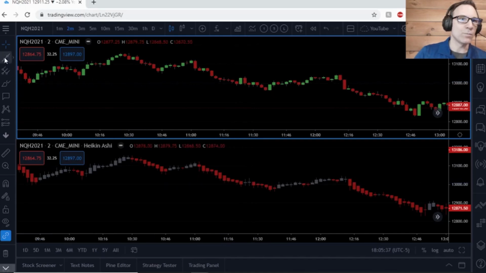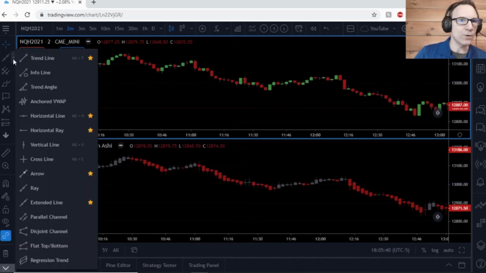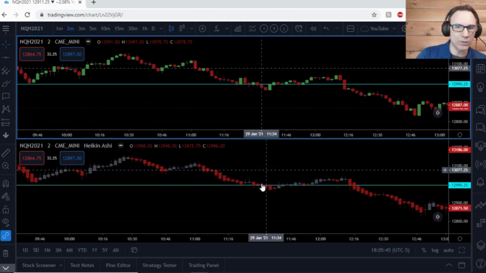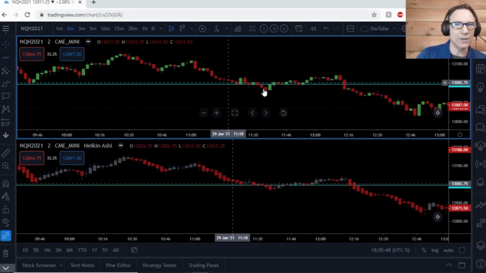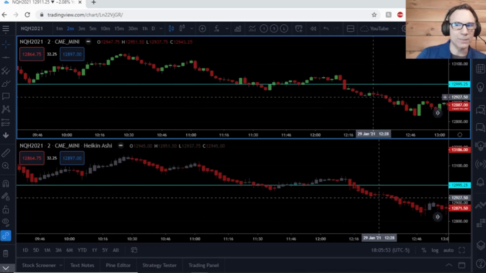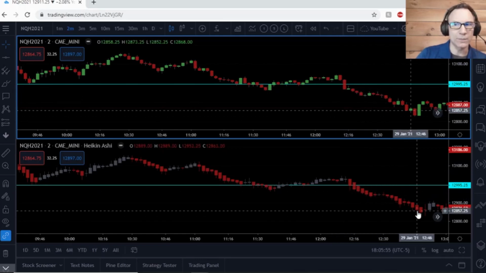We can monitor that along with our support and resistance levels, and once we combine all of this, it can give us an idea. We have some consolidation here. We break down, it breaks down, potentially going up, not going up right here, and continuing on.